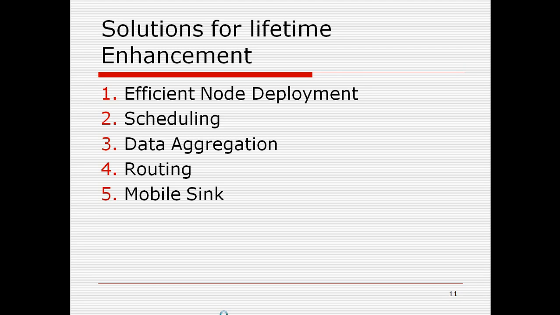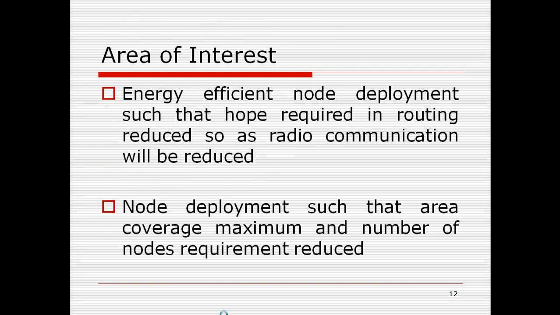Data aggregation, routing and mobile sink. We will discuss these further. My area of interest is energy efficient node deployment, such that the hops required in routing are reduced, so radio communication is reduced. By deployment we reduce the routing, and with node deployment such that area coverage is maximum, the number of nodes required is reduced.